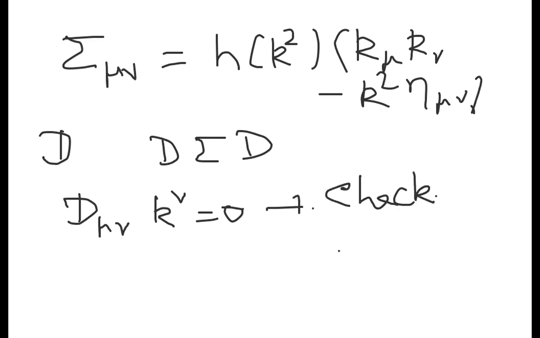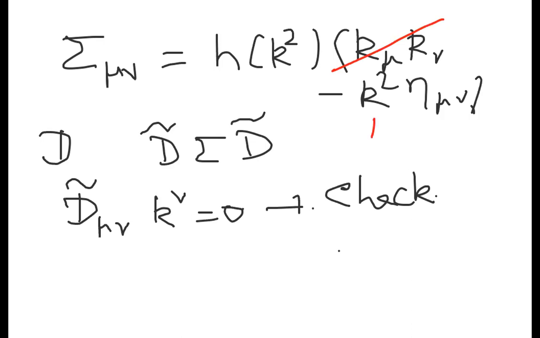Or d tilde, this is d tilde, not d, in momentum space. So this is identically 0. That basically means that this part of sigma drops out, right? Because k mu hits d. So what remains is a k square part.